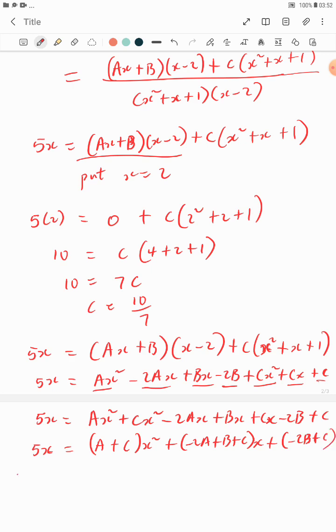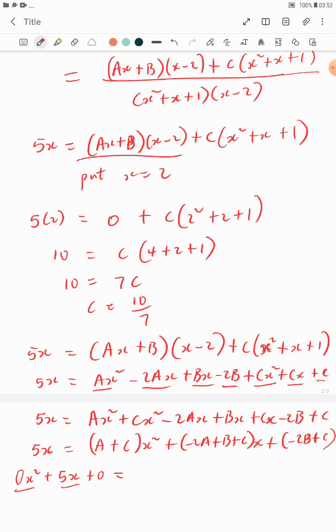So if you look at this, I can write my left hand side as 5x plus 0. So that's what it looks like. So the term in x squared must have had the coefficient of 0.